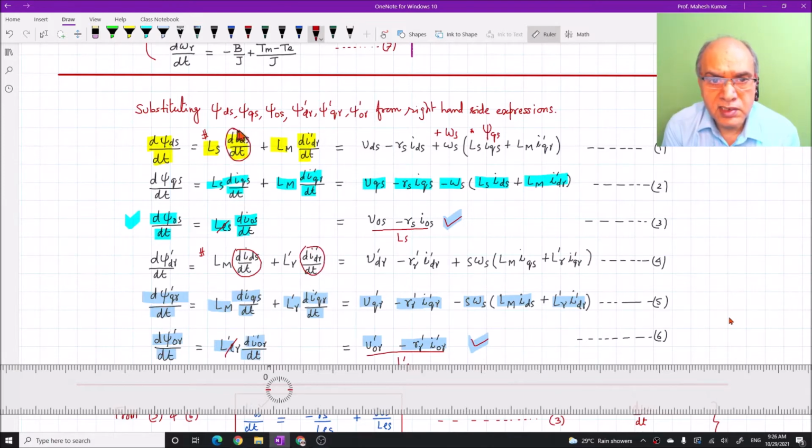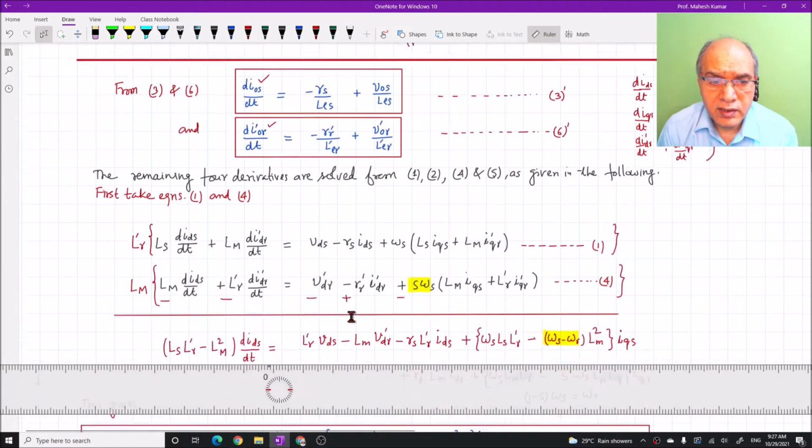You see here, these and these. So if we use equation number 1 and 4, we can solve for the first order derivatives of ids and idr dash. We have written equations 1 and 4 here.